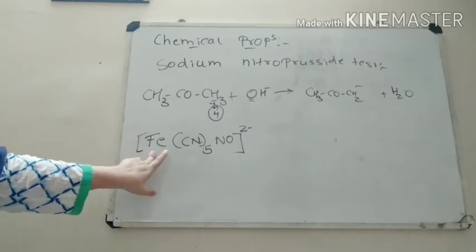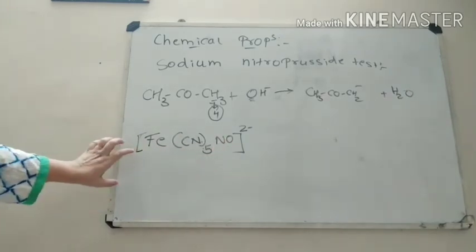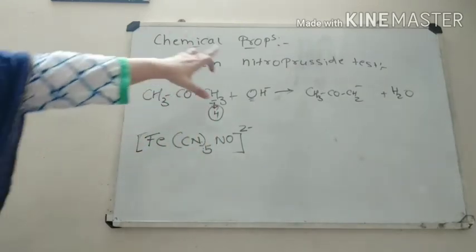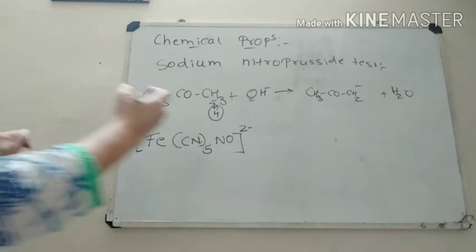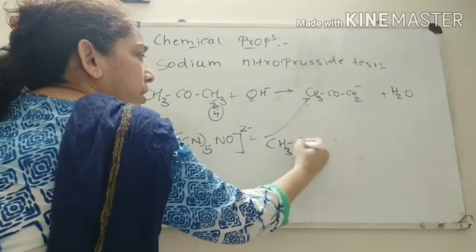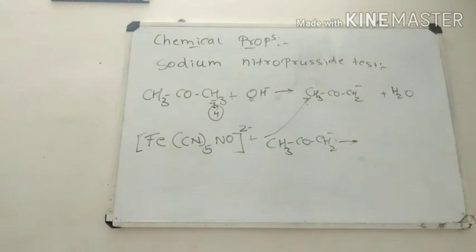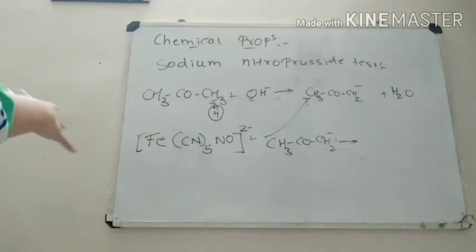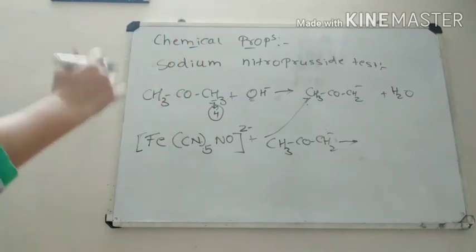It is Fe with cyano and nitroso groups, so this is known as the nitroprusside ion. When this nitroprusside ion reacts with CH3COCH2 minus, how does the addition take place? It is just an addition reaction, there is no substitution.